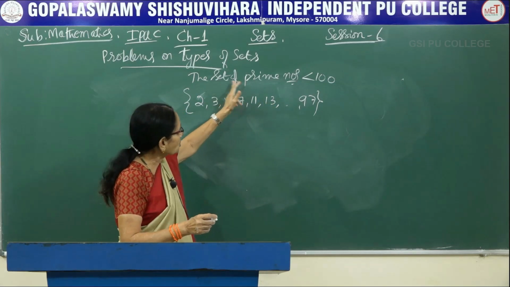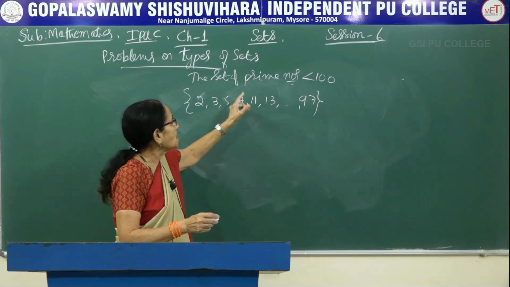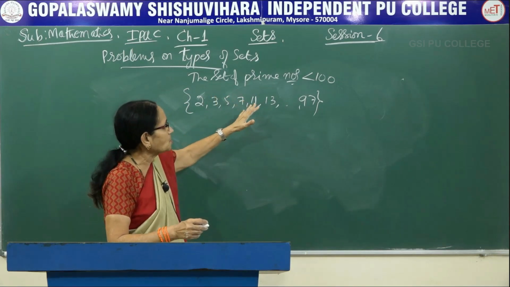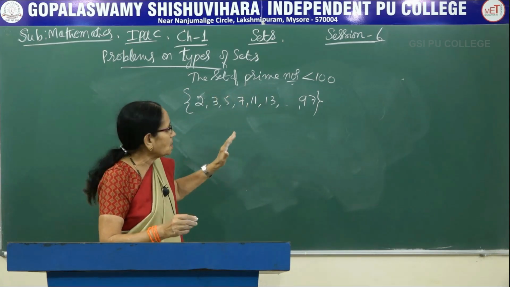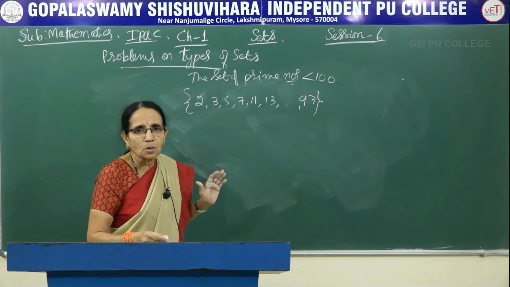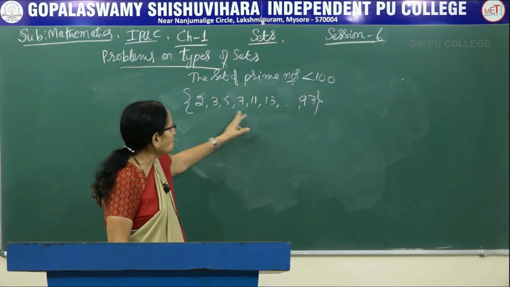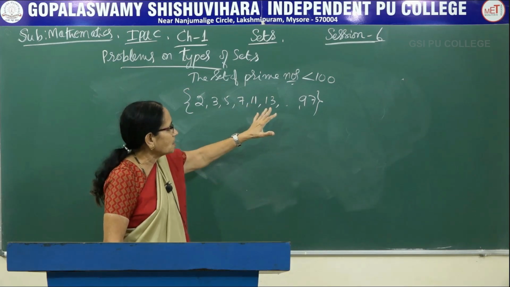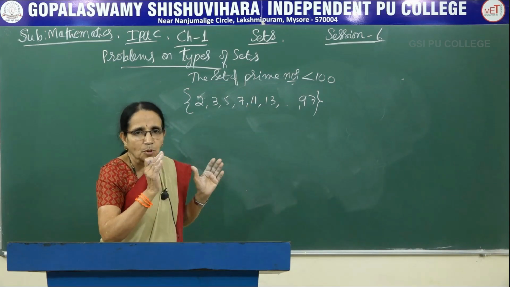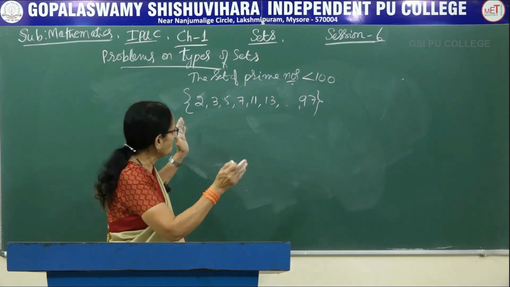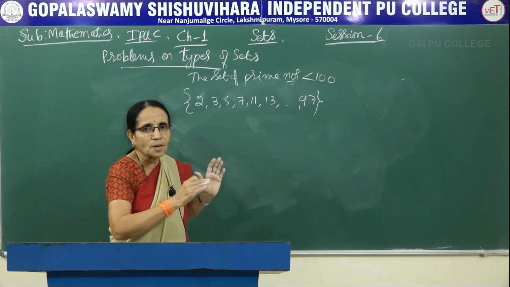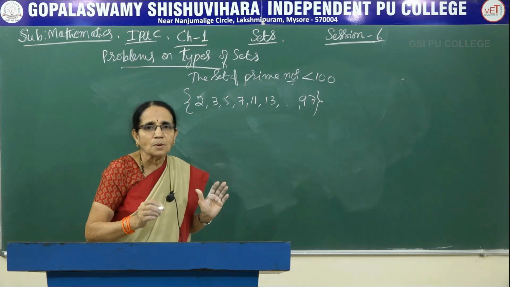Or else, looking at the statement here, we can say the set of prime numbers less than 100 will certainly be a finite set, because we will know the exact number of elements that belong to it. You need not count and write them, because there is a limit here. Up to 100, within 100, we will know the exact number of elements.